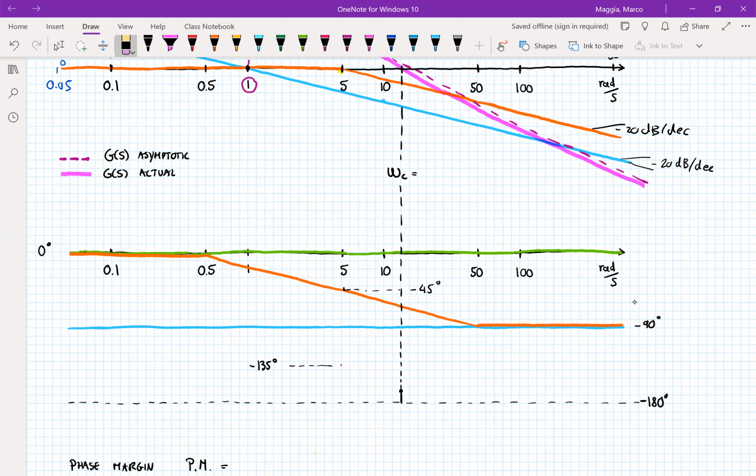So if we sum up the contribution of all 3, we're going to be at -90 until we hit 0.5, and then we start decreasing and we hit -135, which is -90 -45, and then we settle when we reach 50 at -180.